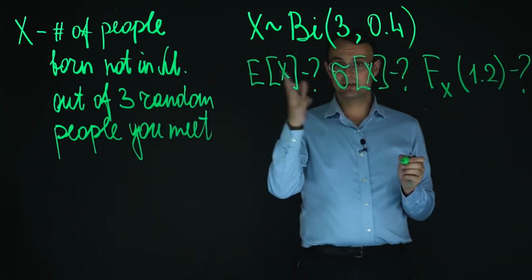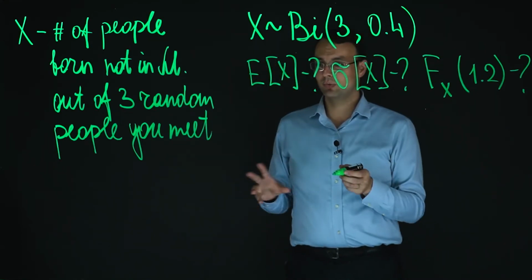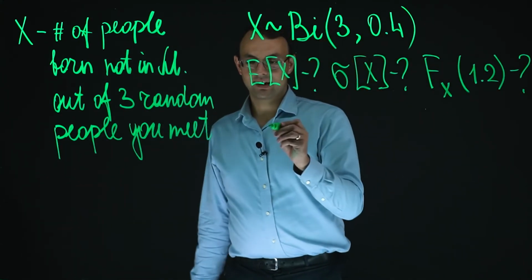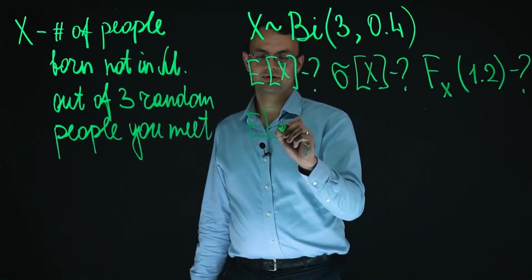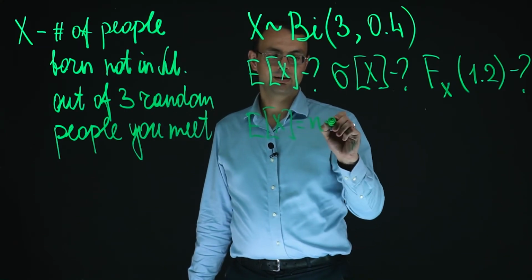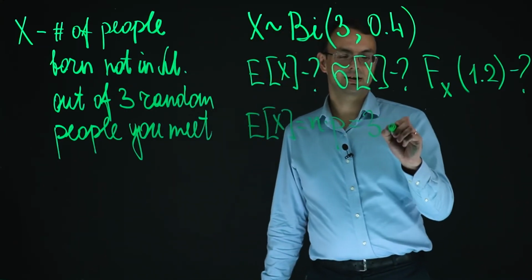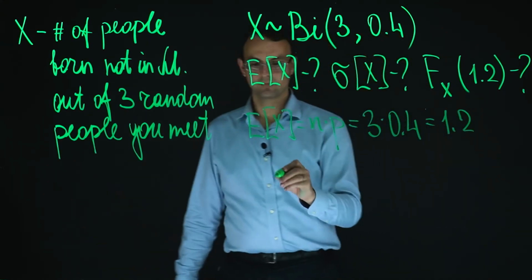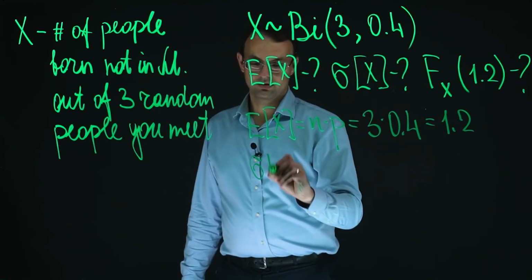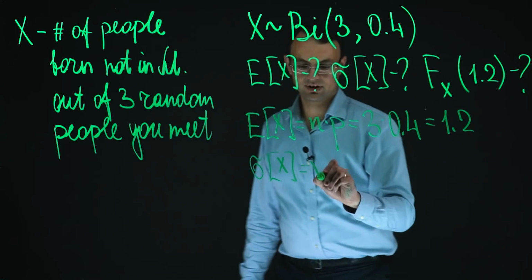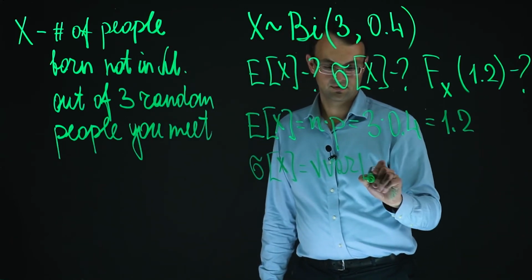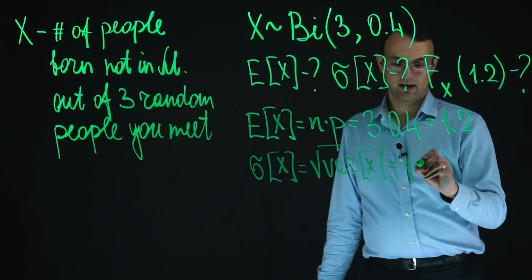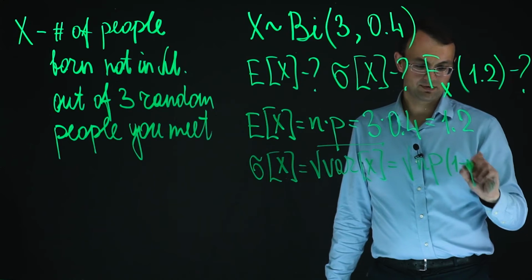So as for the expected value and the standard deviation, we just do what we have already done in previous examples. So we say that expected value is n times p, or 3 times 0.4, that is 1.2. So sigma, standard deviation, is square root of variance, and variance is n times p times 1 minus p.